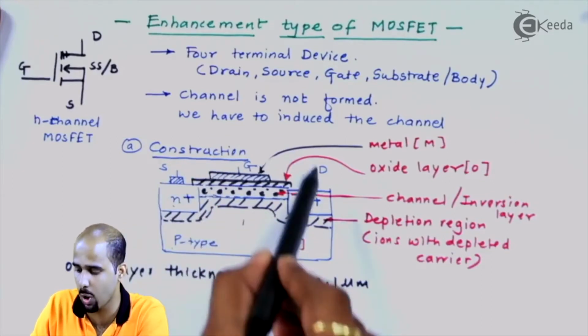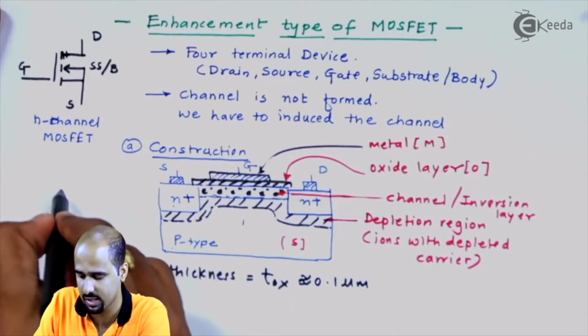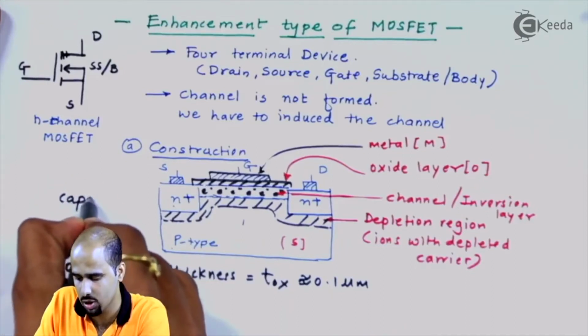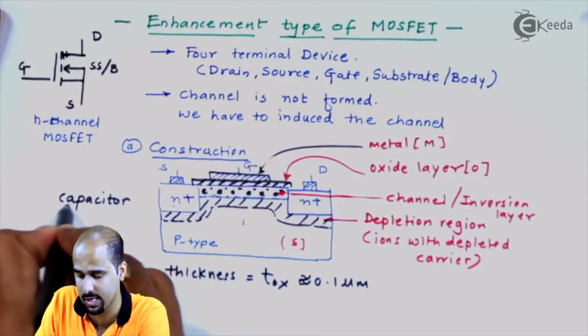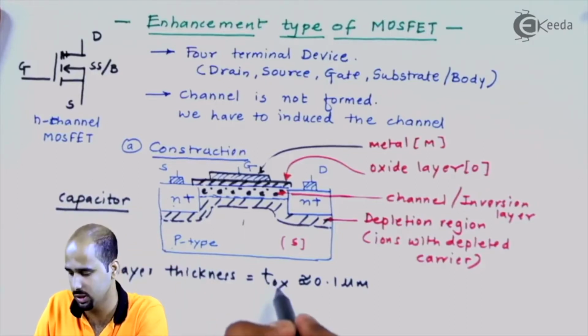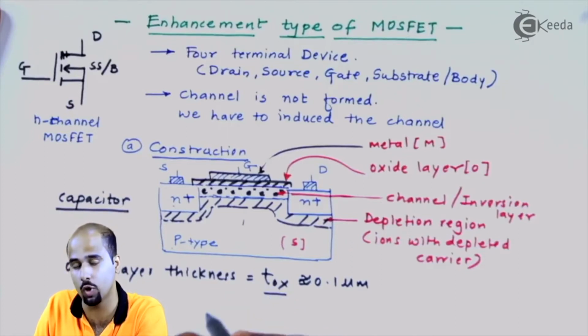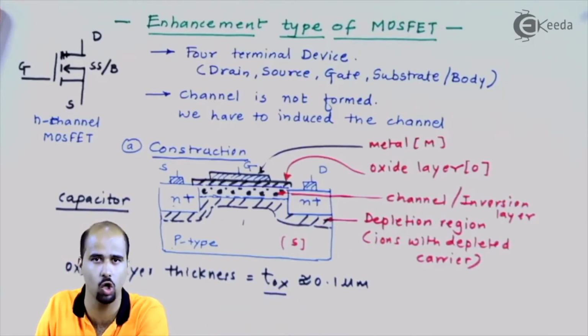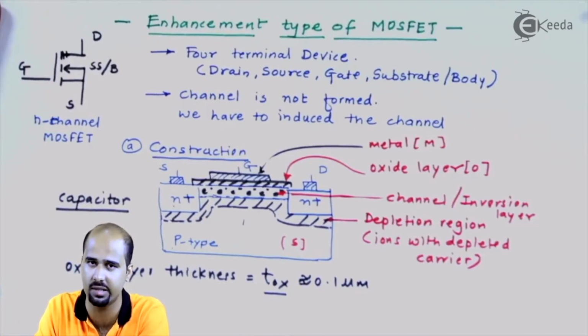So this MOS basically acts as a capacitor. The capacitance depends on the thickness of the oxide layer, because as the thickness of the oxide layer increases, the value of the capacitance decreases, right?